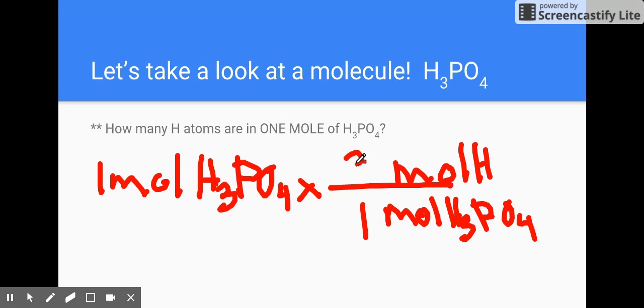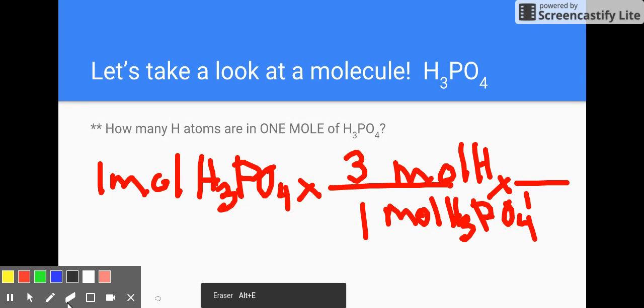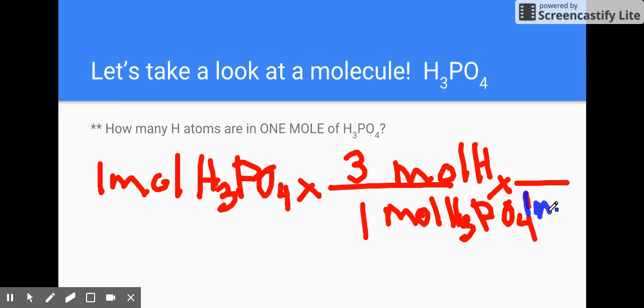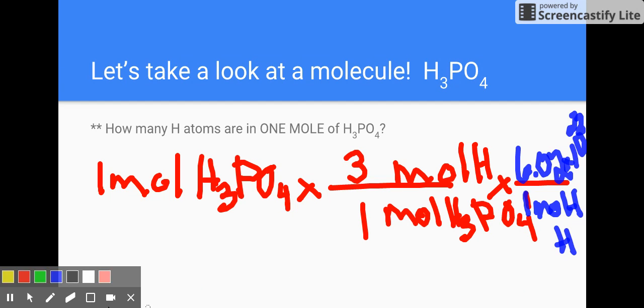I have 3. Now I'm asking for not just number of moles, I'm asking for how many hydrogen atoms. So in 1 mole of hydrogen, I have 6.02 times 10 to the 23rd. Now I just do 1 times 3 times 6.02 times 10 to the 23rd. That gives me the number of hydrogen atoms in a mole of that.